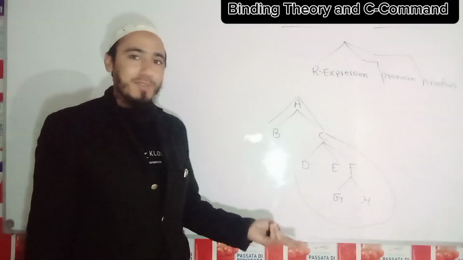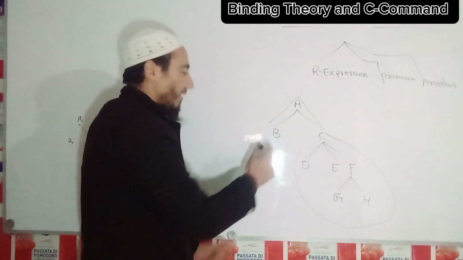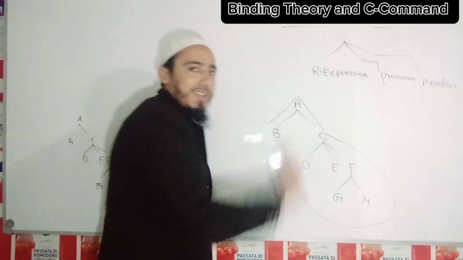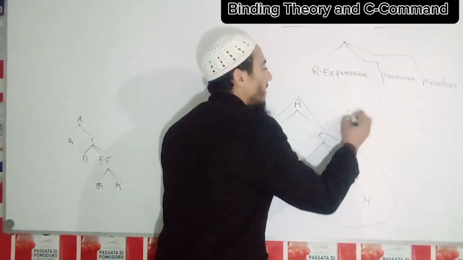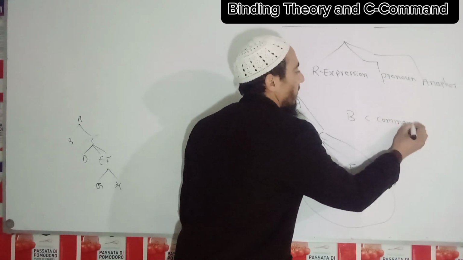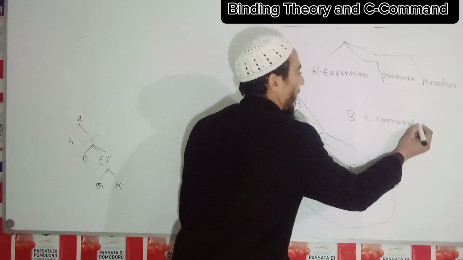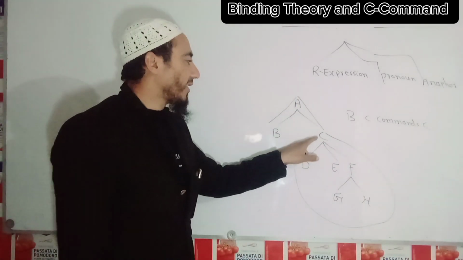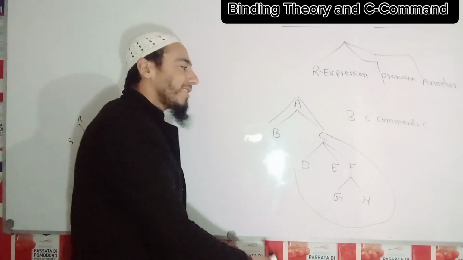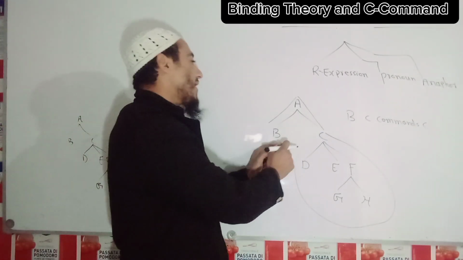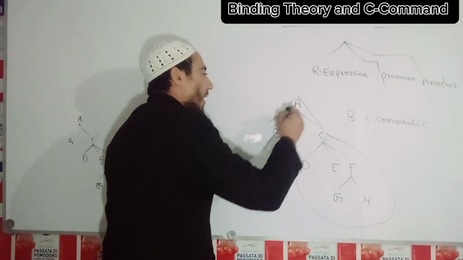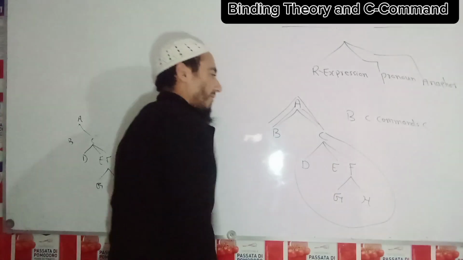How is it? For example, you see B C-commands C, and also C C-commands B. Why is it? Because when we say B C-commands C, it means that the relation goes up and then down.